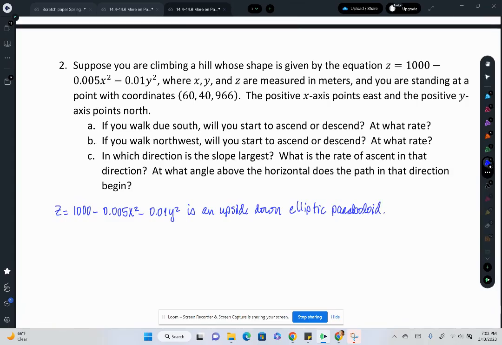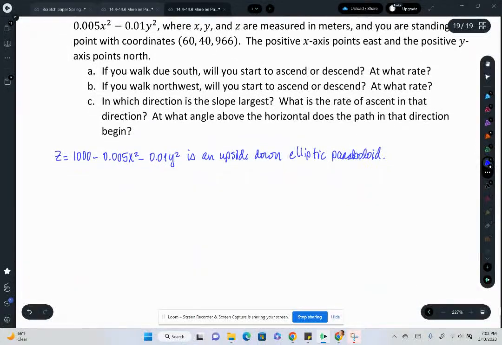Okay, and x, y, and z are measured in meters, and we are standing at a point with coordinates 60, 40, 966. I'm going to graph this hill. Since it's upside down, I know that 1000 is the highest point on the hill. So I'll just draw myself a hill.